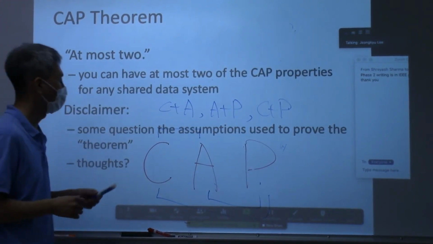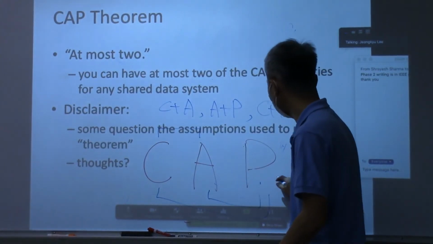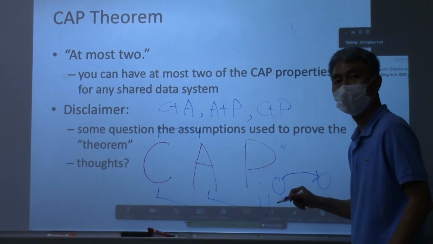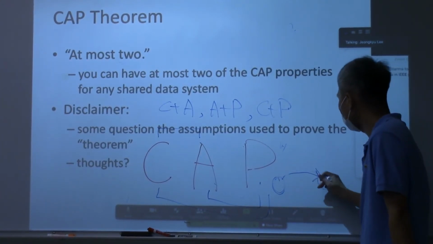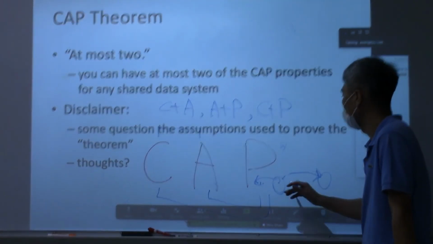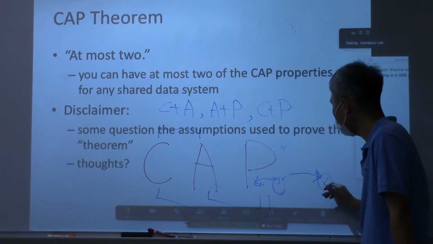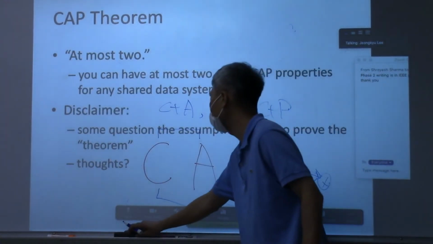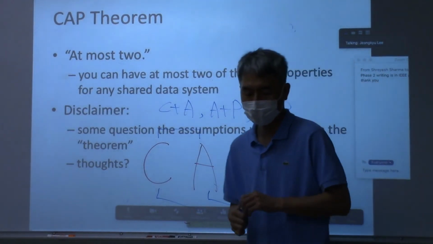I gave an example of an update from H to J. When you synchronize the disk, during that time your system should be stopped, and then synchronize. So it's not available. Or if you make them available, in case one of them is not working, you cannot recover totally. That is the counterexample of the CAP theorem.